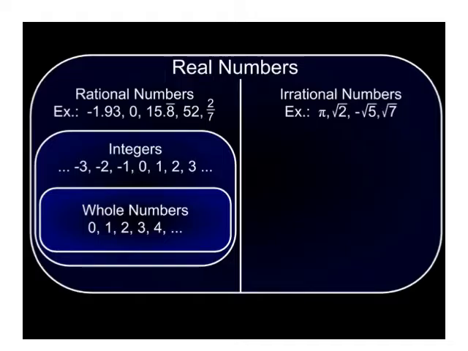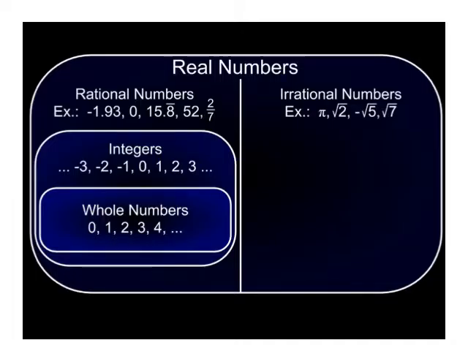A little hint on irrational numbers: unless it's something like pi, the most common one that you're going to encounter is the square root of a number that doesn't work out nicely. Like, if I gave you the square root of 9, we know that is 3. That would not be irrational because it gives us a whole number. But if it doesn't give you a whole number, you're probably looking at an irrational number there, because those will always give us these decimals that go on forever.